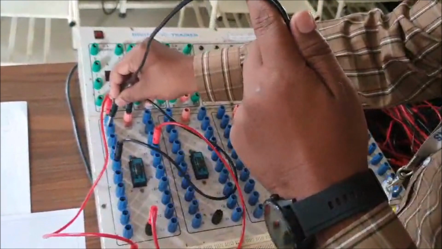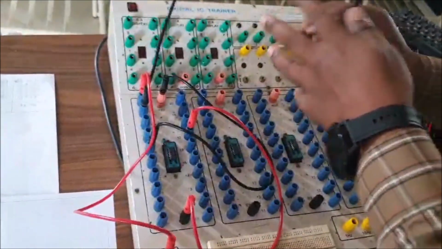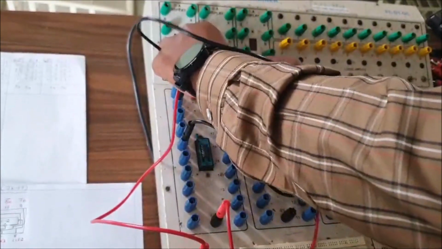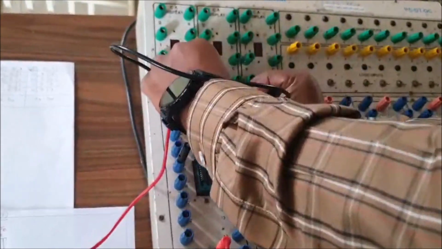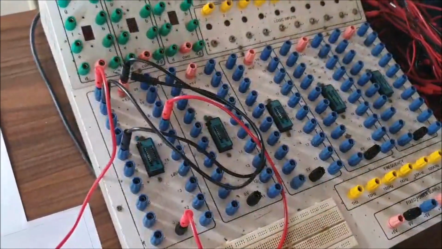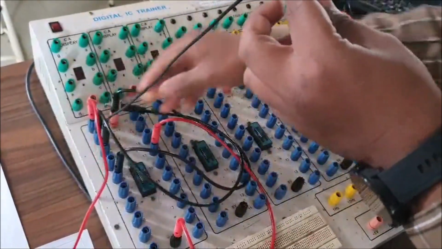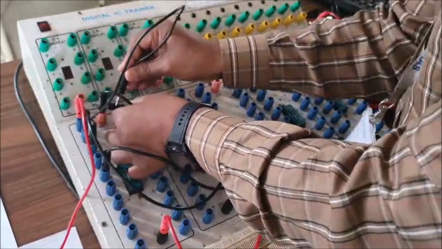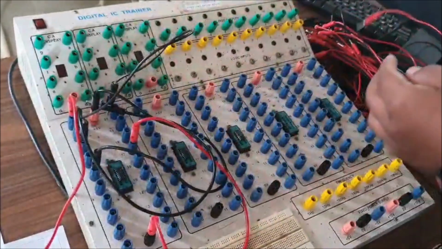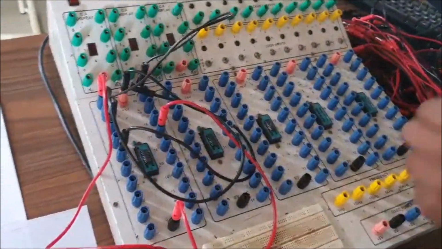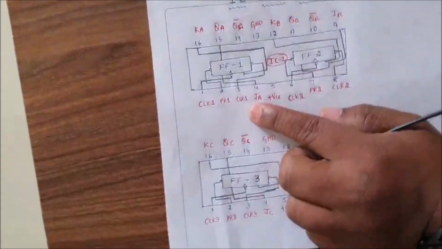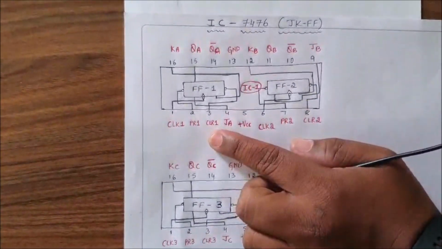One end is connected to the second pin, and the other end is connected to plus VCC. Basically, this preset is connected to activate the flip-flop. Next, clear is the third pin. One end of the patch cord is connected to the third pin, and the other end is connected to the plus VCC of that respective IC. I have completed the preset and clear connections. These are the two asynchronous inputs.